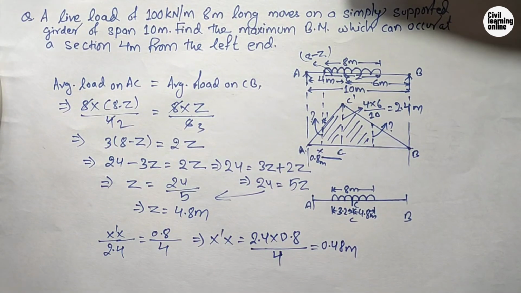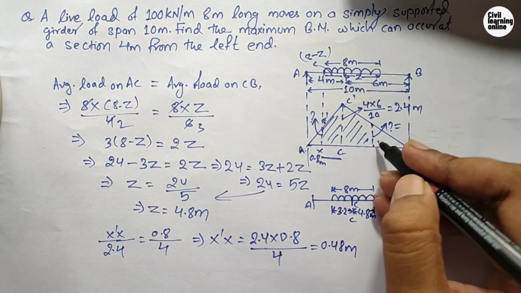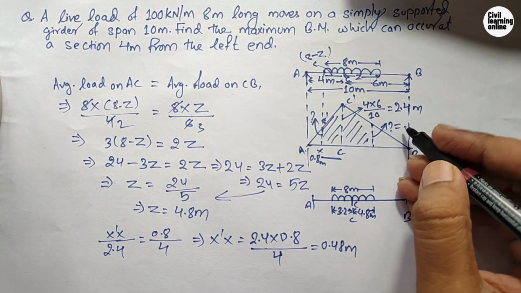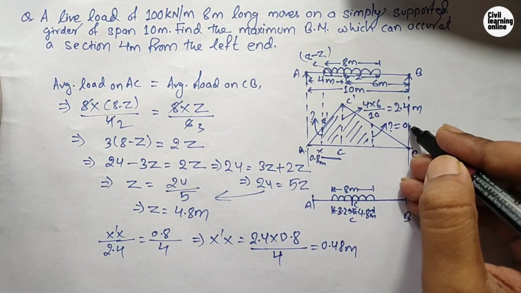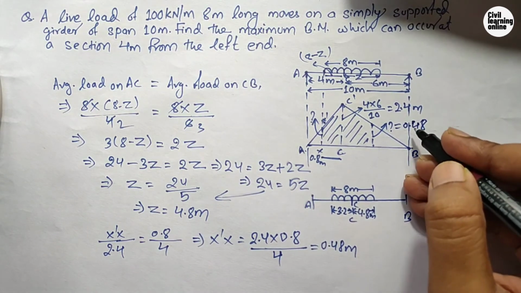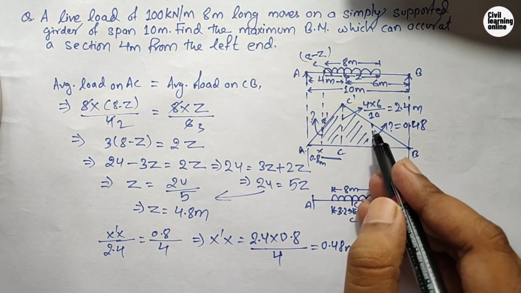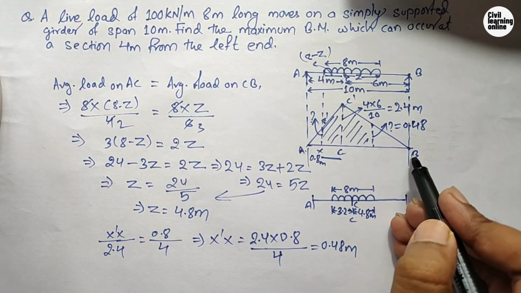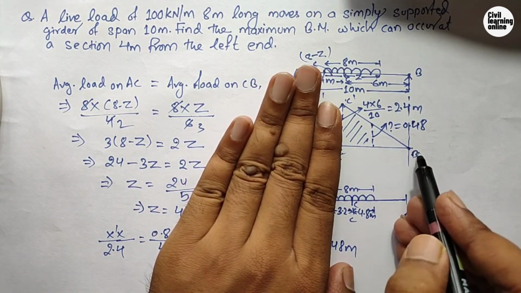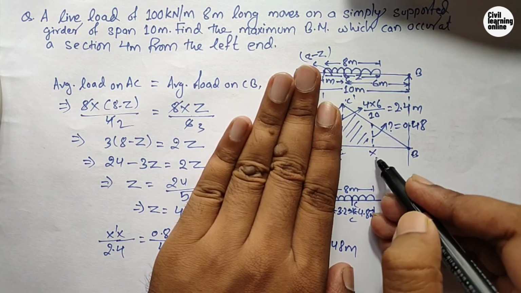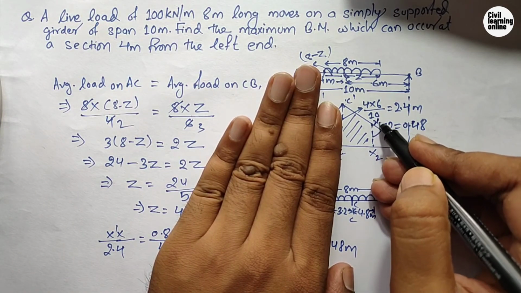Now it is a work given to you. Calculate the ordinate of this value. I am telling the answer. We will get the ordinate of this portion also equal to 0.48. Use the concept of similar triangles between BCC dash and Bx2 dash x2.